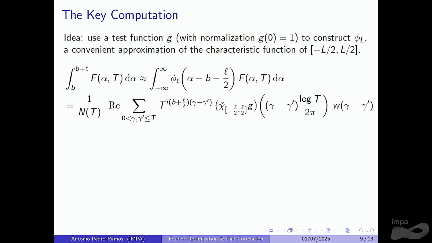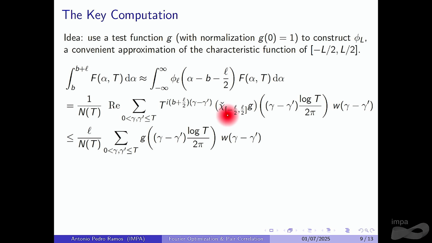So you can upper bound this by a simpler expression, which is just L times the sum of g evaluated at these differences, gamma minus gamma prime, appropriately normalized. You do Fourier inversion again, and you get that this sum is exactly the integral of g hat against Montgomery's function F of alpha.